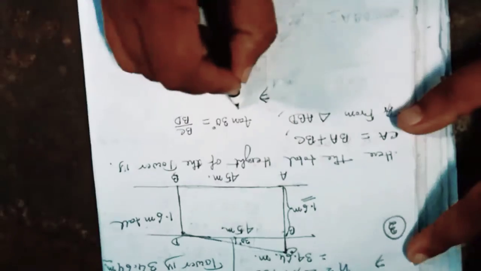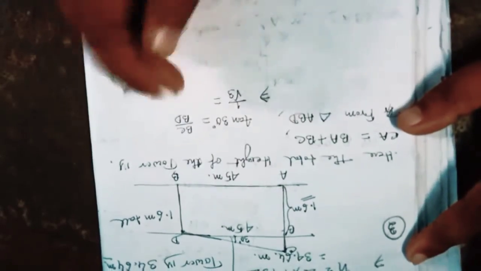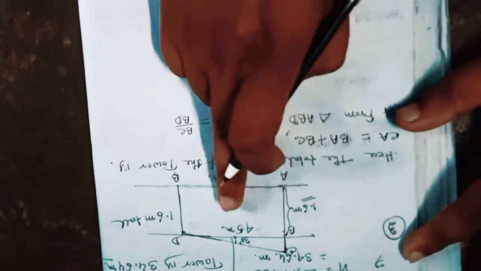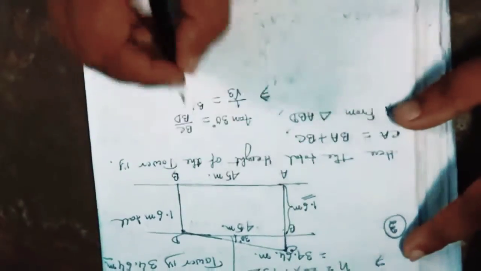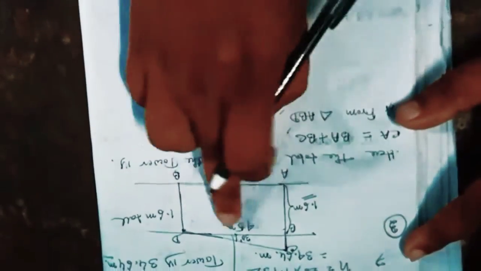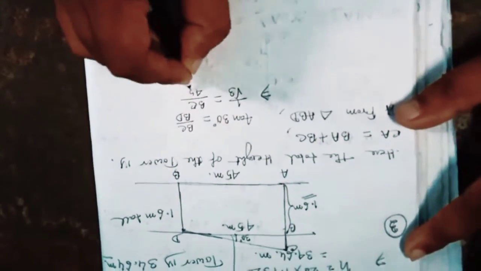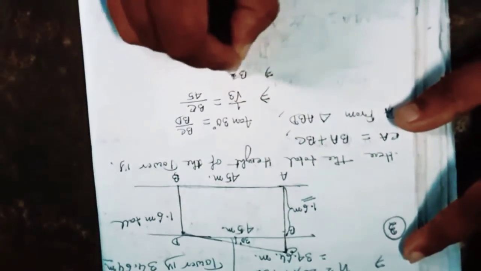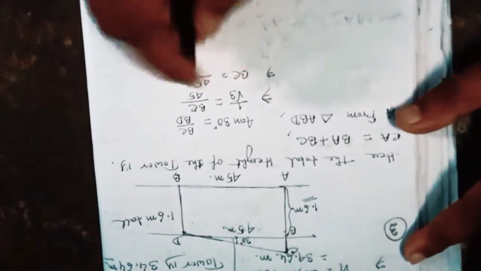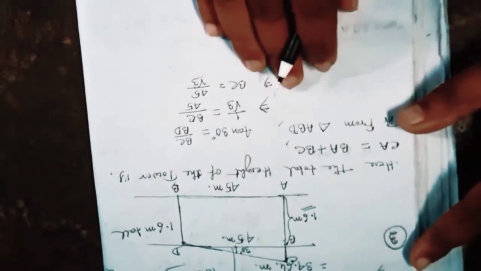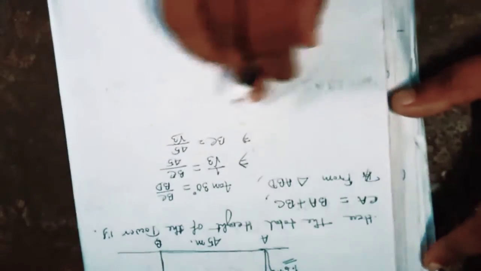The value of tan 30 is 1 by root 3, that equals BC by BD. We have to find BC. What is the value of BD? 45. So BC is equal to 45 by root 3. Hope you understood.